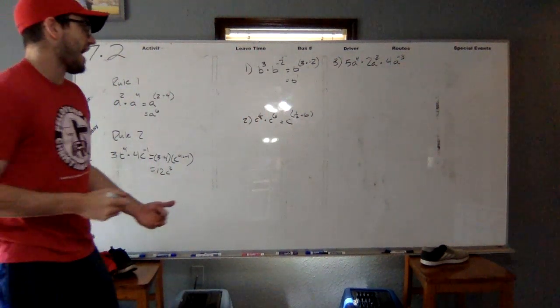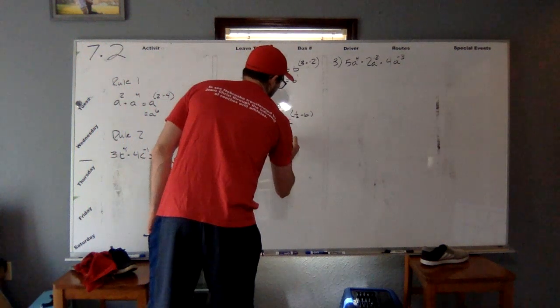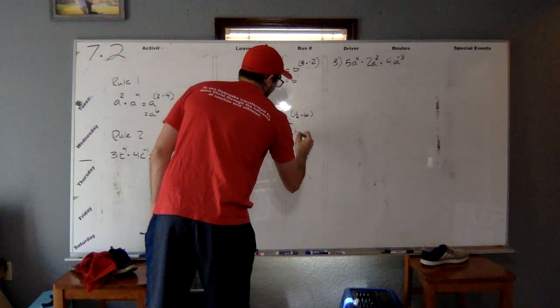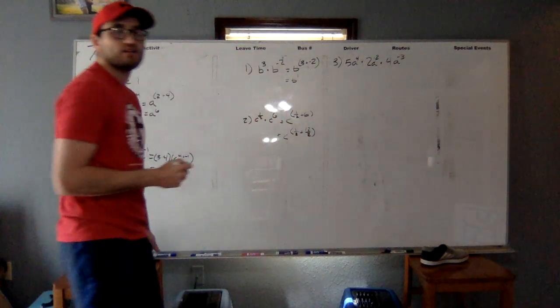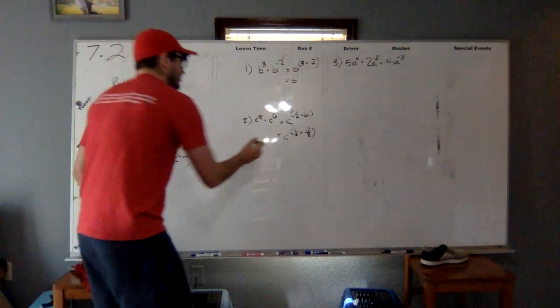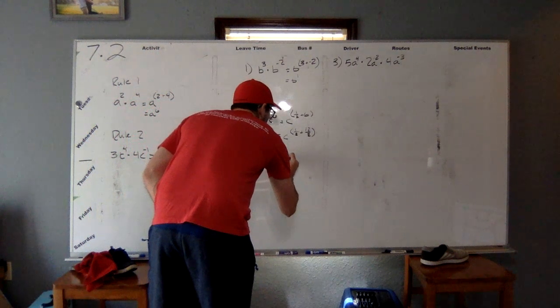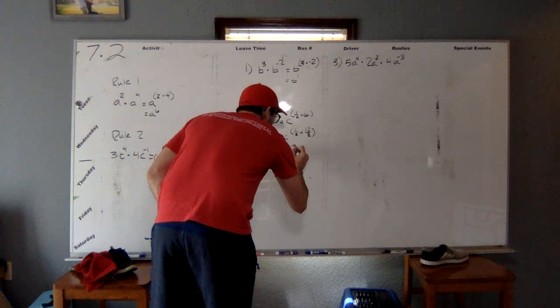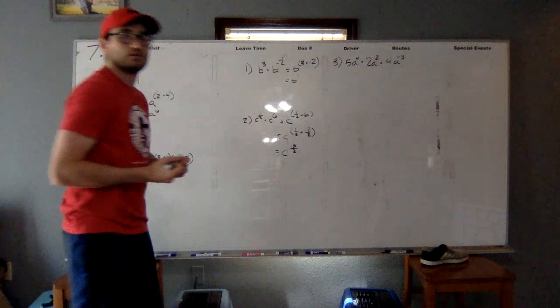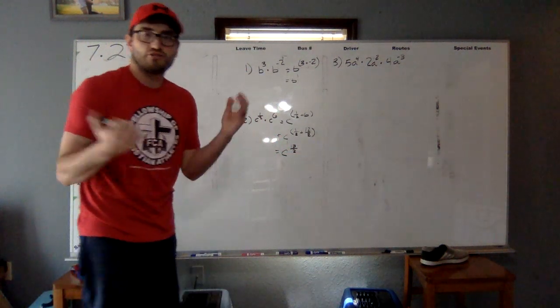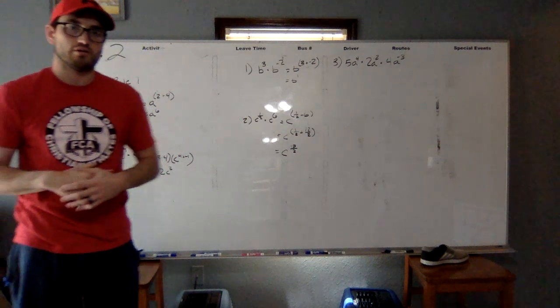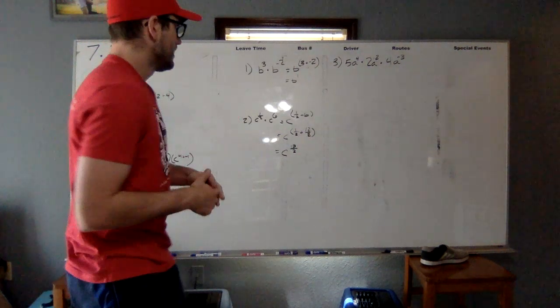So I'm saying c to the 1/2 plus 12/2, getting a common denominator of 2. Now I can add. So what I have is c to the 13/2. Fraction doesn't change anything. It just means you've got to do a little fraction math. I know that's our favorite.